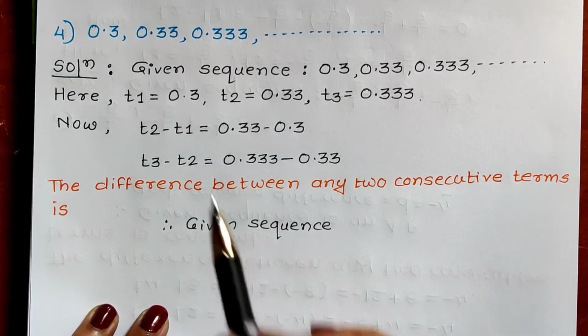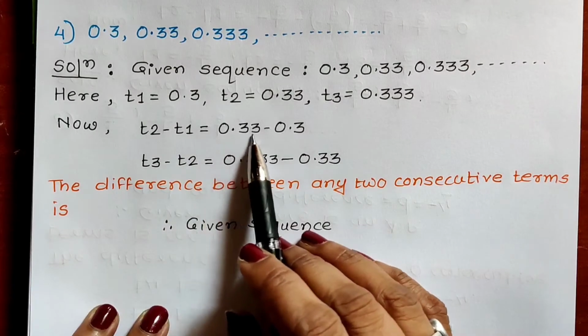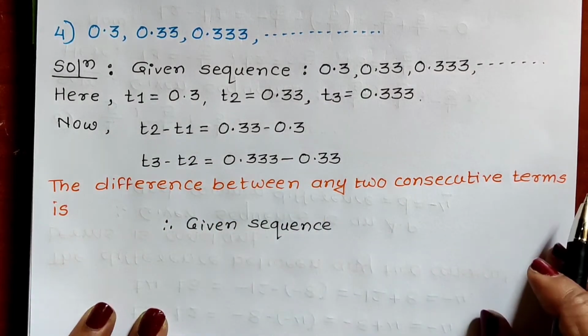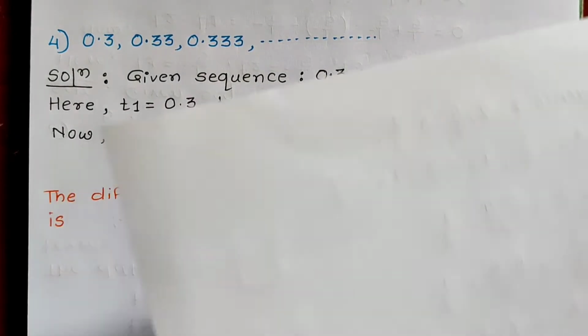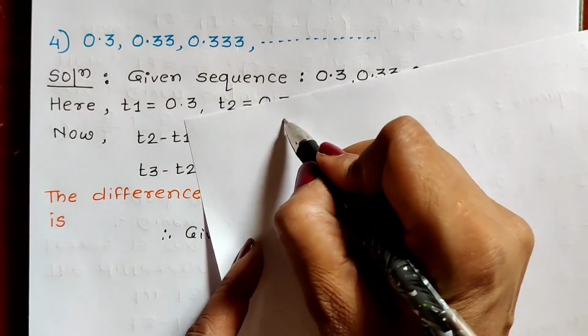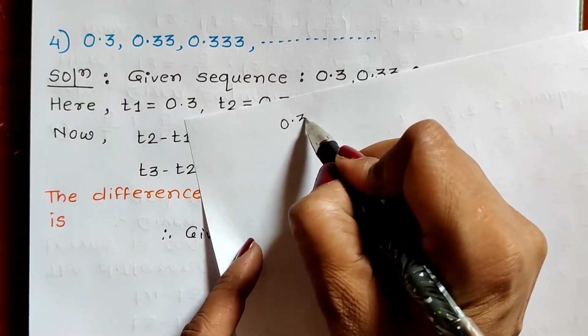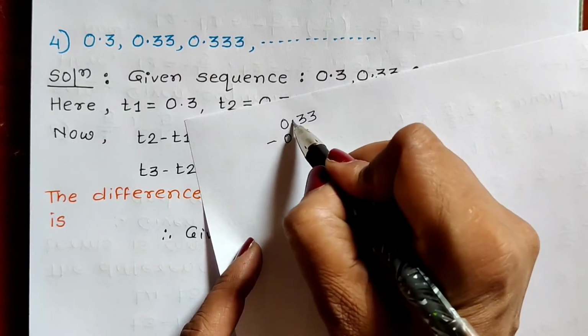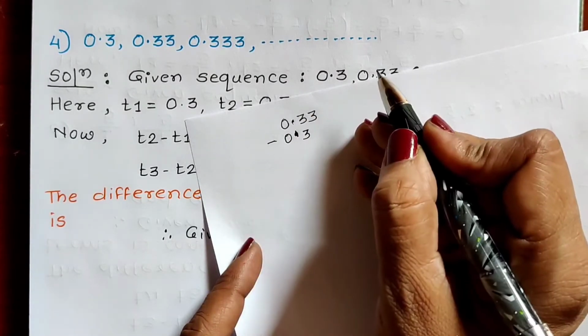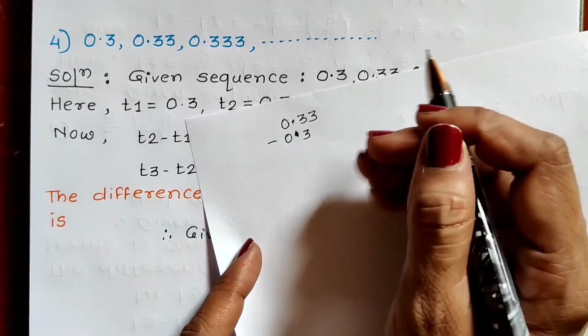Now we have to subtract T2 minus T1, 0.33 minus 0.3. What will be the answer? I am going to do it on a separate page and show you. So let us see here. 0.33 minus 0.3. Point below point. Right hand side digits should be written properly, one below the other.